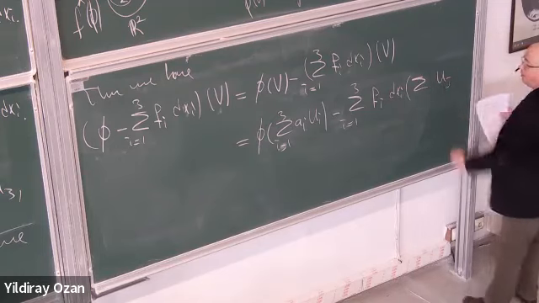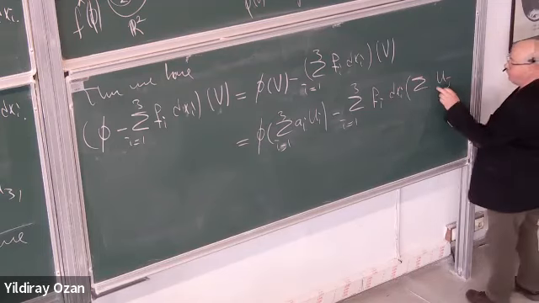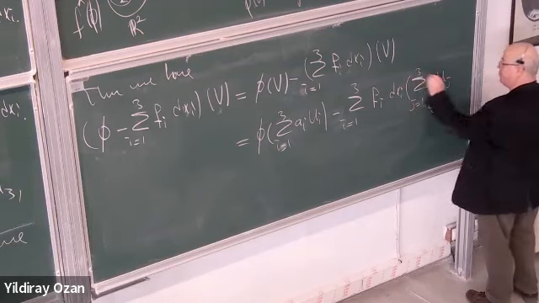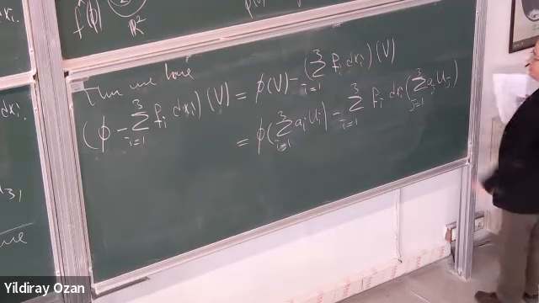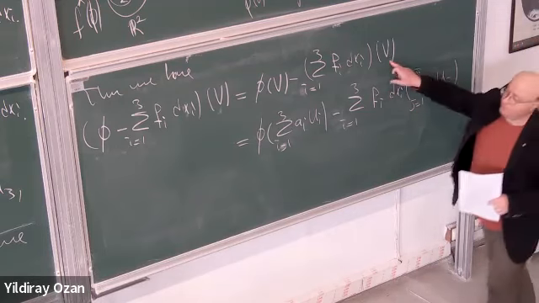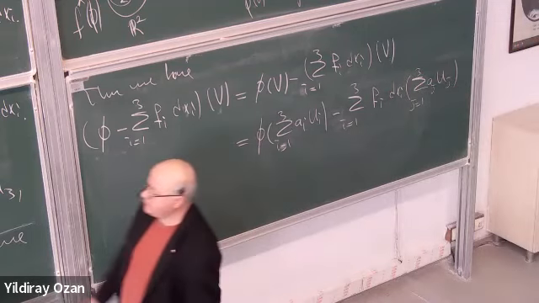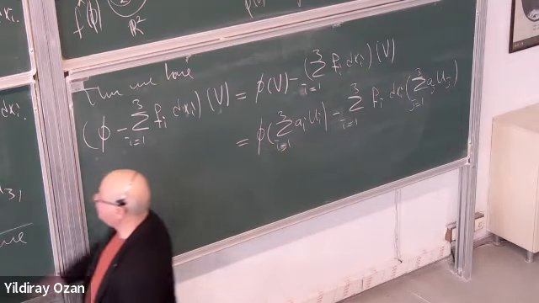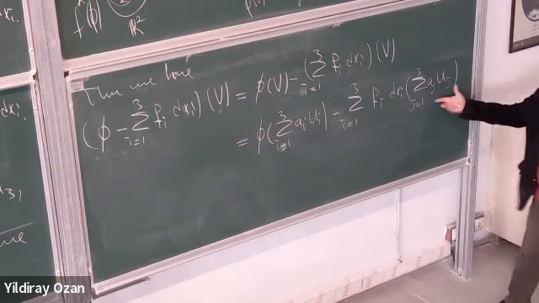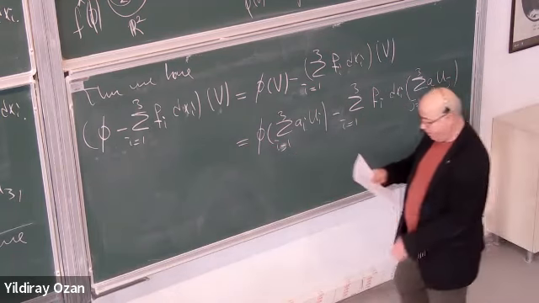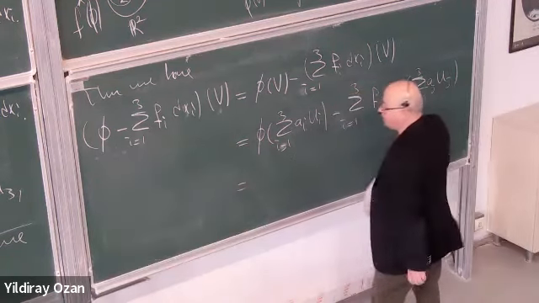and then, to avoid confusion, let me use another index here. Aj, right? My vector field U was the sum of Ai Ui, right? But I use a different index to avoid confusion. Now, what is this?